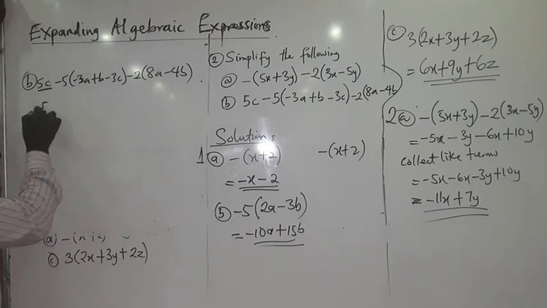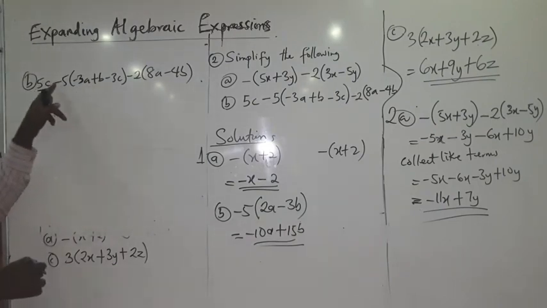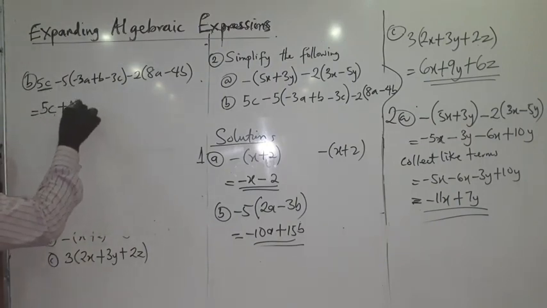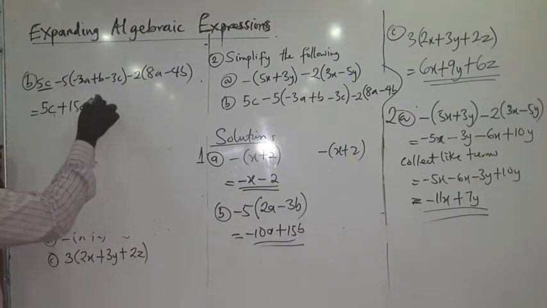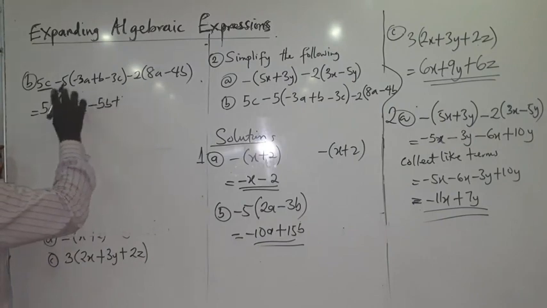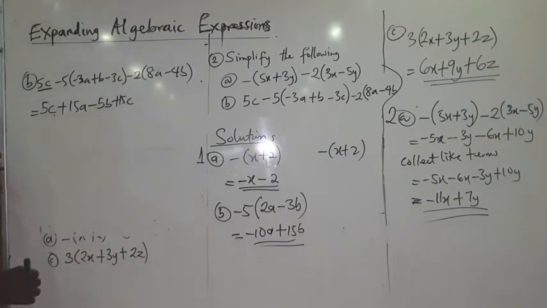So this 5c will be written like that. Minus 5 times minus 3a: minus times minus gives plus, 5 times 3 is 15a. Then minus 5 times plus b is minus 5b. Minus times minus is plus, then 3 times 5 is 15c. I hope I'm making sense.